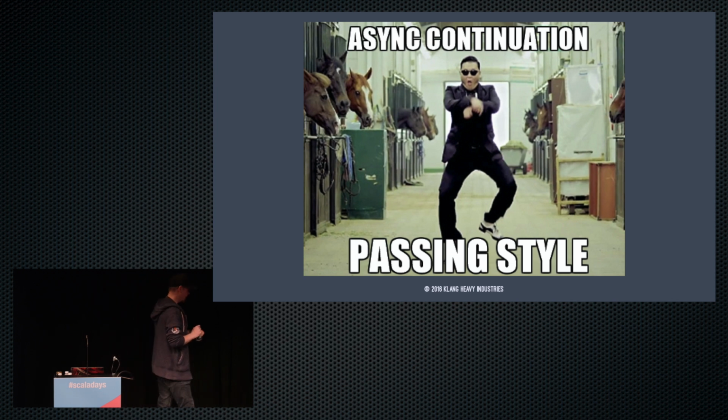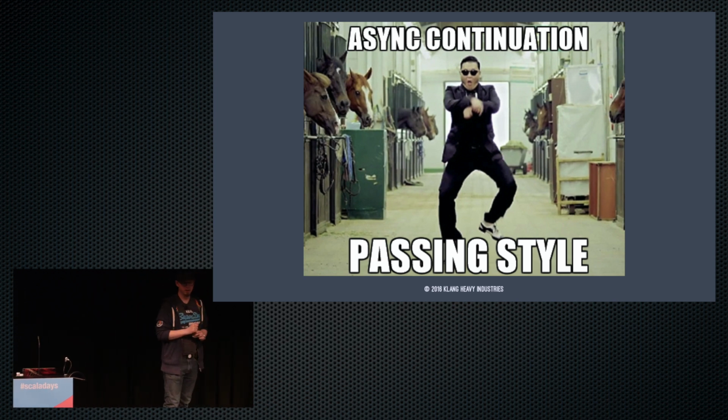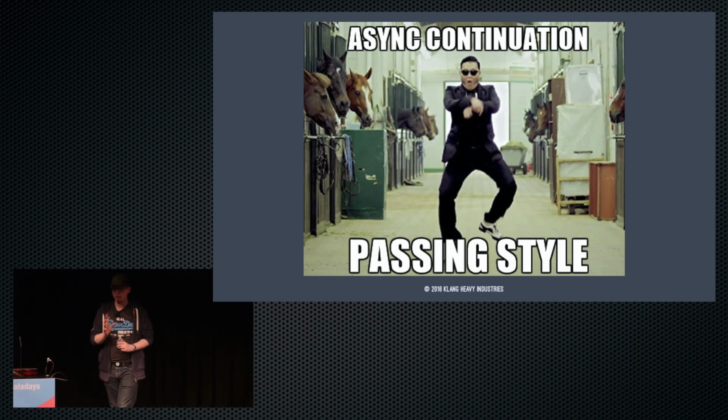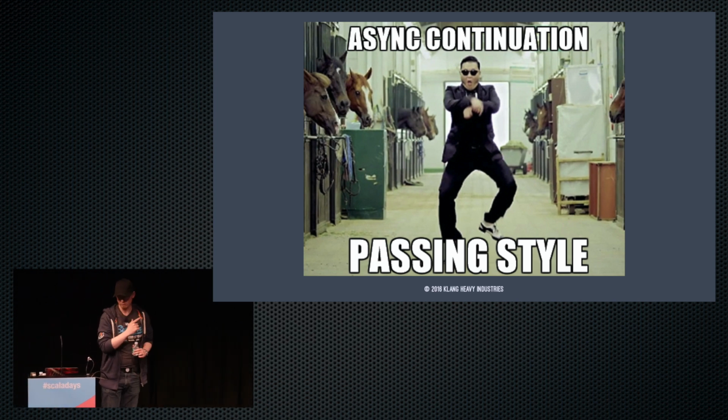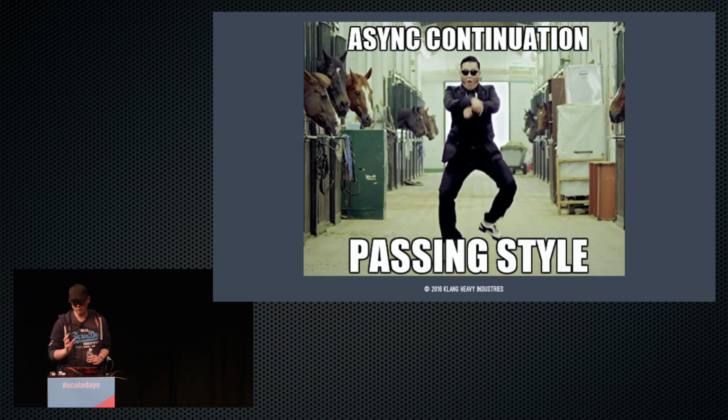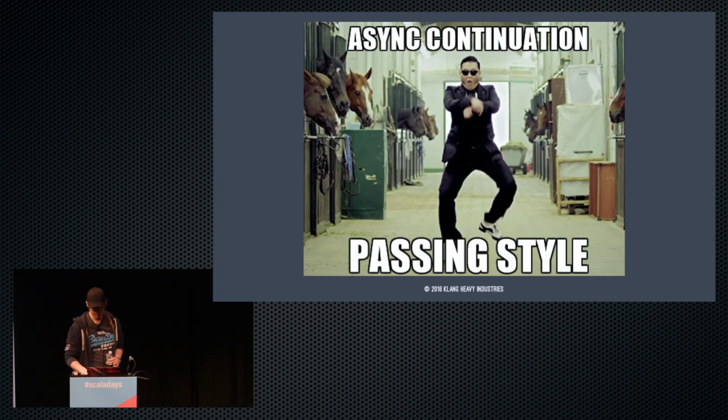So one thing that really got me hooked to futures was a programming style. I think it was Marius Eriksson at Twitter that I saw doing this the first time. And I call it async continuation passing style. I don't know what he calls it, but he's probably right. You have to call it ACPS now, for now.